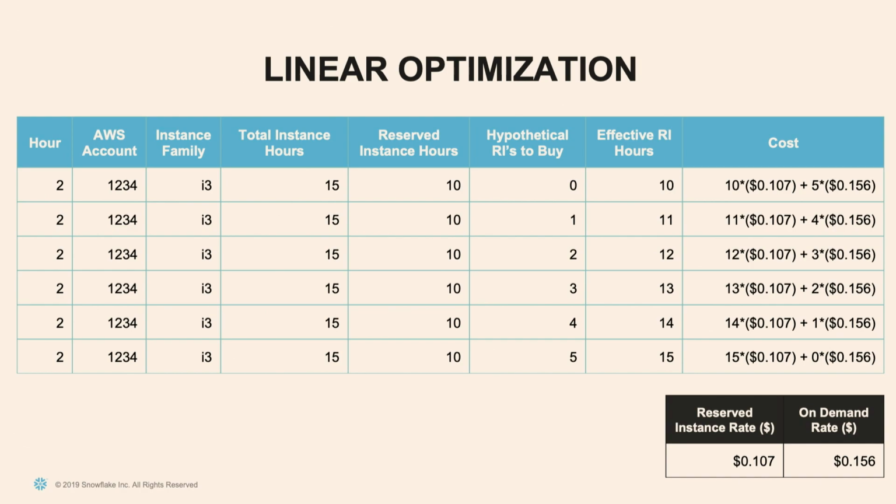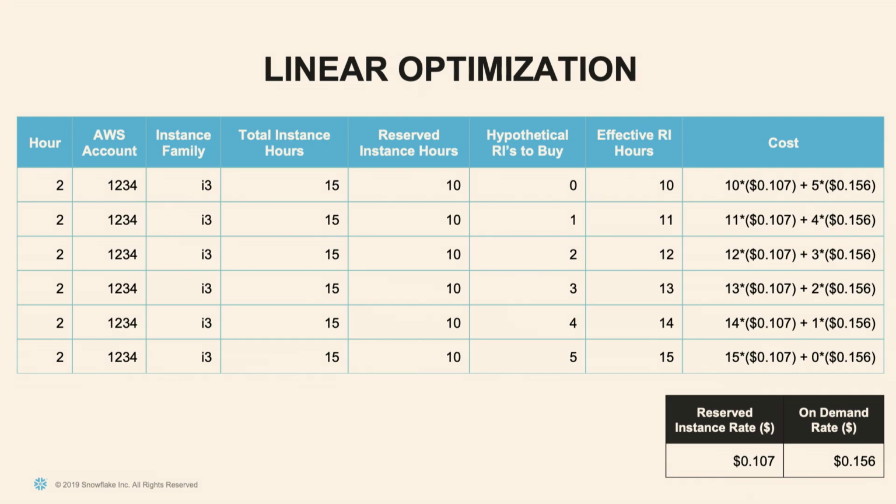At the lower bound, we would purchase zero additional reserved instances, and that would be what our current reserved instance coverage is. At the upper bound, we look at the time period that we're running the calculation for, and we find which hour had the most instance hours. So in this case, we currently own 10 reserved instances, and the max hours over the time period was 15. We then figure out the delta between those numbers, and those are going to be the hypothetical number of reserved instances we could purchase, so 0 through 5.